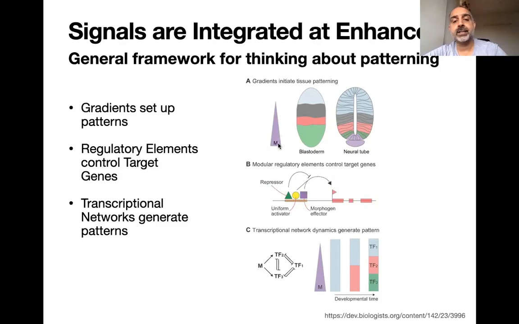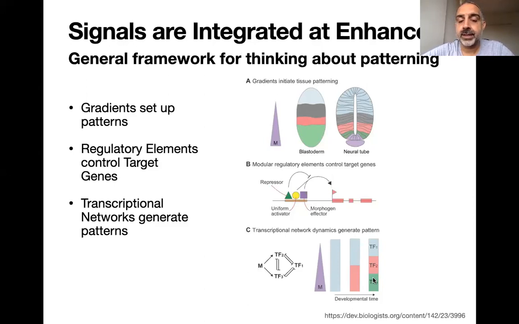And so these signaling factors are switching on particular factors downstream that in turn are turning on the expression of target genes. And so these transcriptional networks that are initiated by these signaling molecules are the ones that actually generate the pattern. And so these networks have various different components of feedback, inhibition, and repression that strengthen and formulate particular patterns in different parts of the embryo.